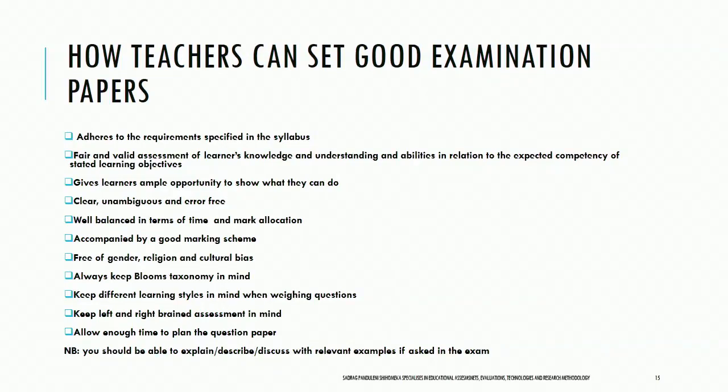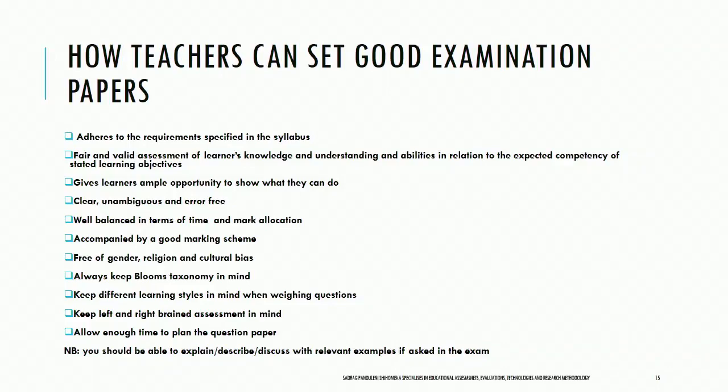It keeps the issue of left and right brain assessments in mind. And it will allow enough time to plan the question paper. Don't be in a hurry when you are setting up your question paper. Start well in advance, a month before, 2 months before, so that you'll have enough time to proofread your question paper so that you assess what you intend to assess, meaning to increase your validity as well as reliability of the question paper.